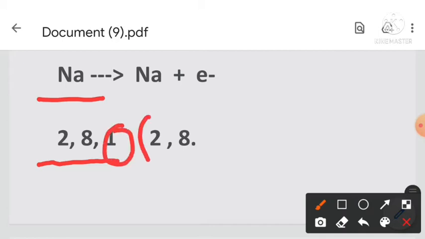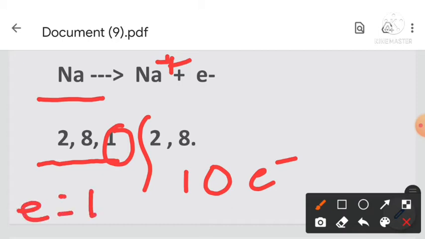It loses 1 electron, so it gets a +1 charge. In the sodium ion, 10 electrons are available, whereas the sodium atom contains 11 electrons.